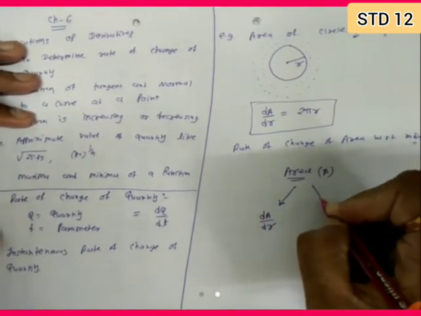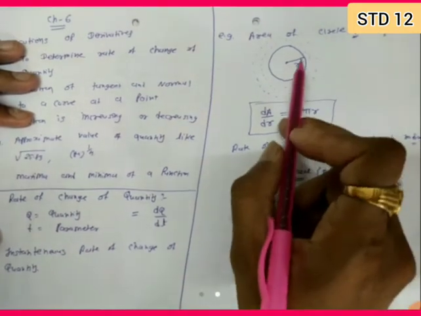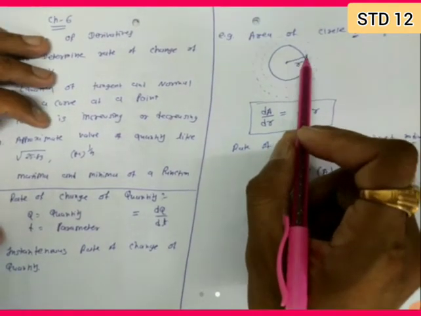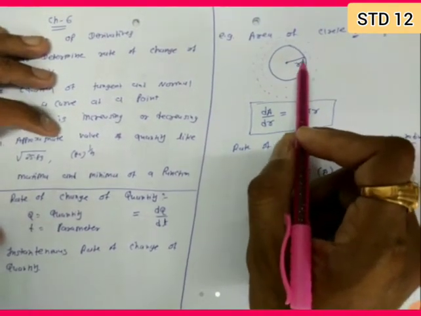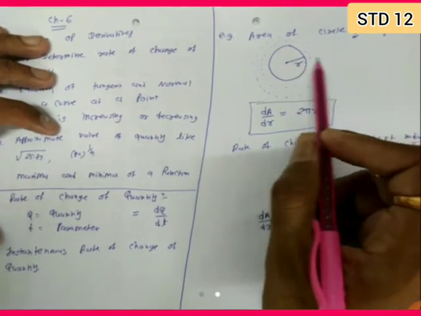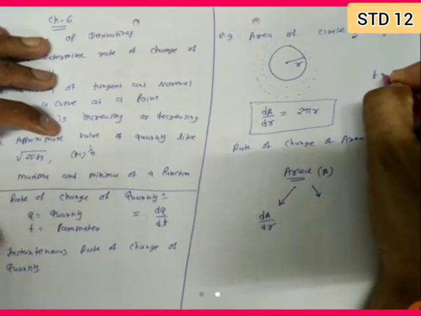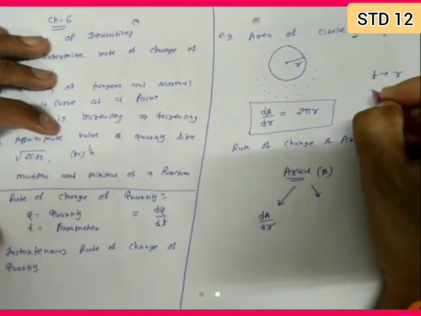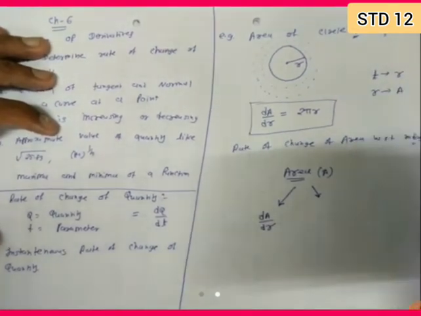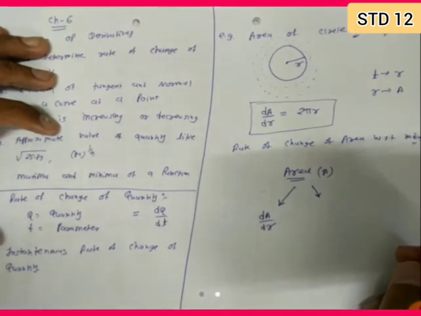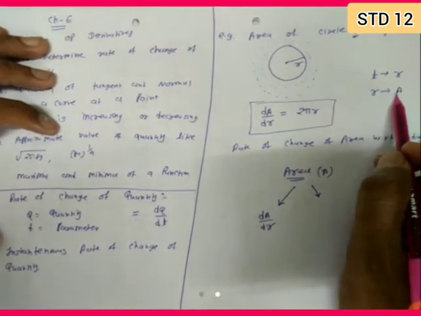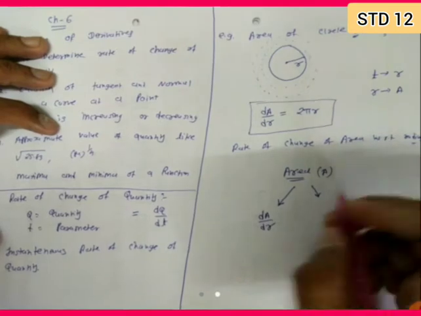But sometimes it may happen that our radius r is a quantity which also changes with time t. Suppose radius r is also changing with time t. So we can say that if time t changes, radius r changes, and if radius r changes, area A will change. So area A also changes with time.